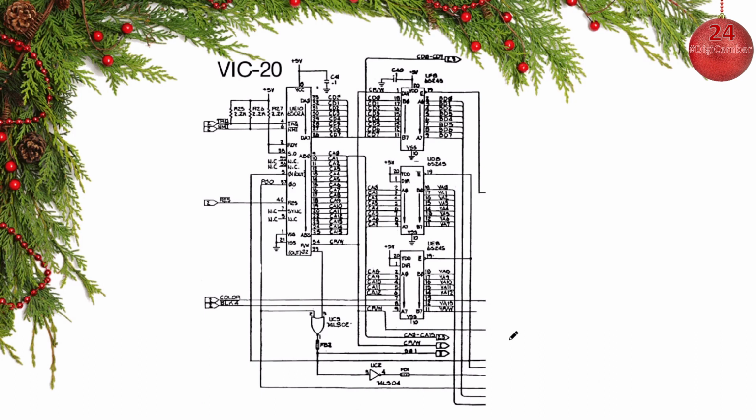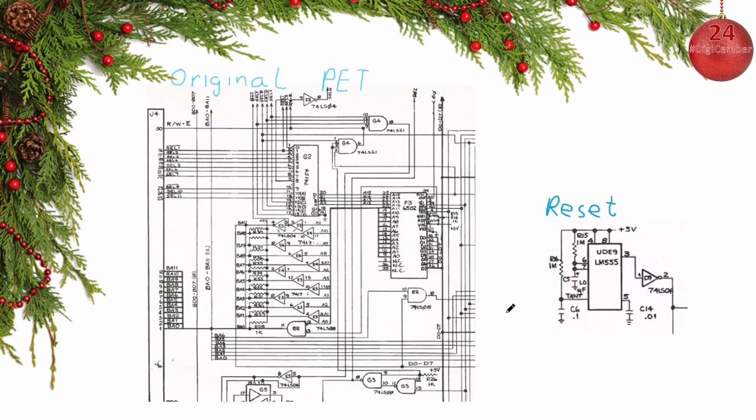And they also have about the same design on the VIC-20, but the chip select on the VIC-20, yeah, they actually used some rather complicated stuff here. And this is from the original PET. And the original PET actually has buffers on the address bus. You can see that here. Some places they use double inverters because they need the inverse address lines for something.